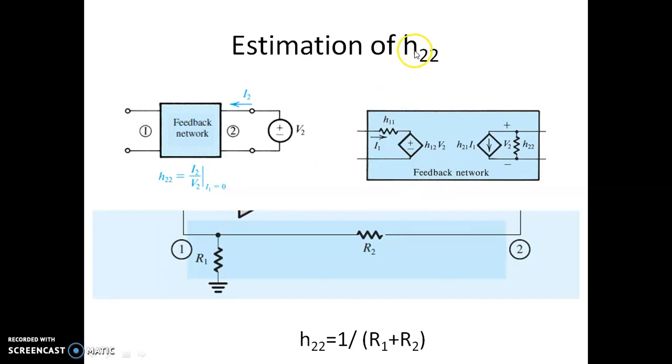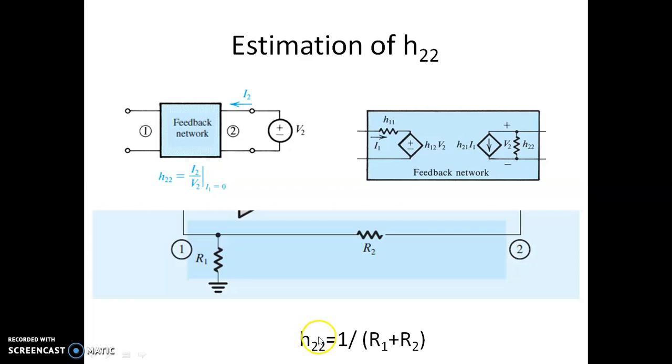Similarly, we can find out what is H22. H22 is I2 by V2 with I1 equal to 0. When I say I1 equal to 0 here, again this current is made an open circuit. If you are applying some voltage here, then what is the current? Suppose you are applying voltage V2, the current is given by V2 divided by R1 plus R2.